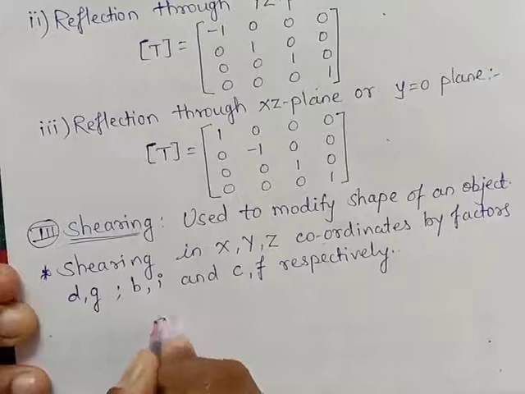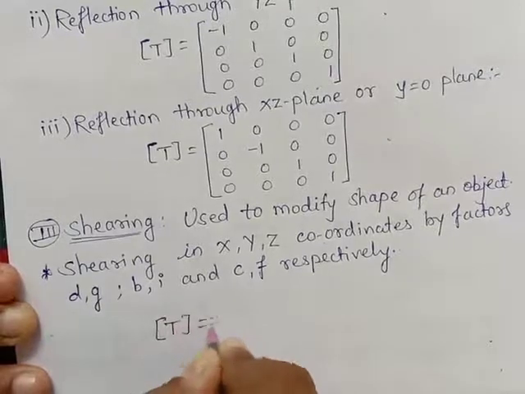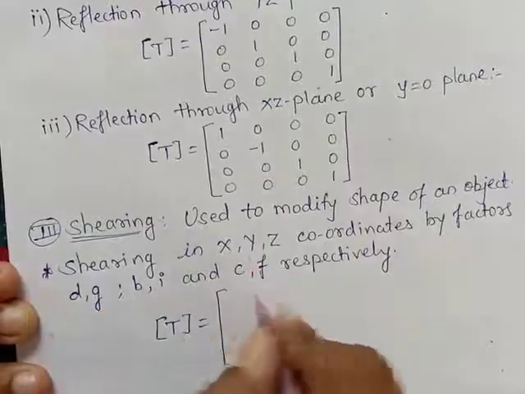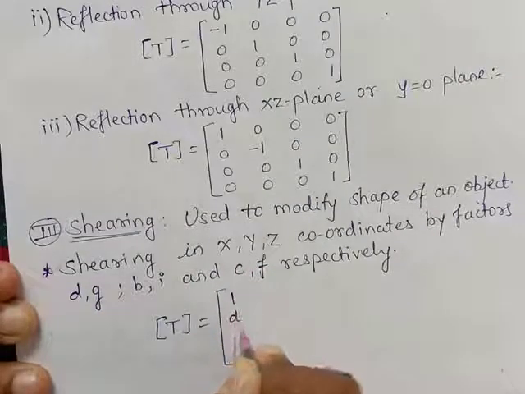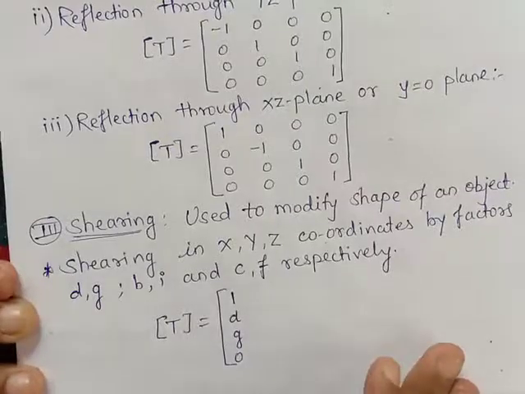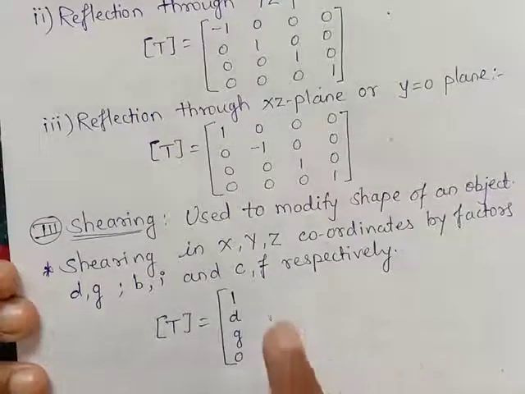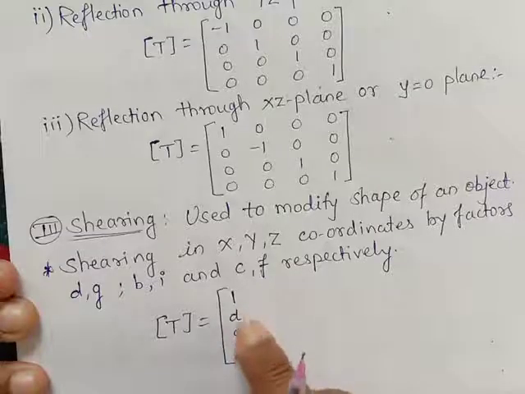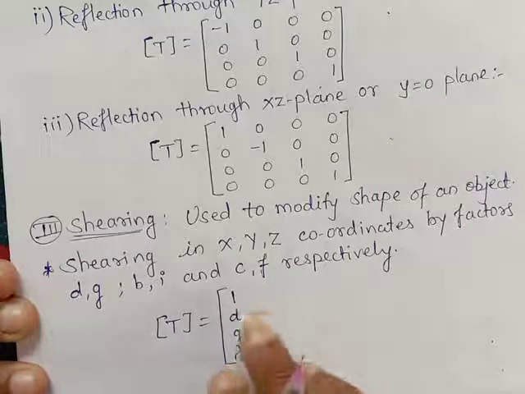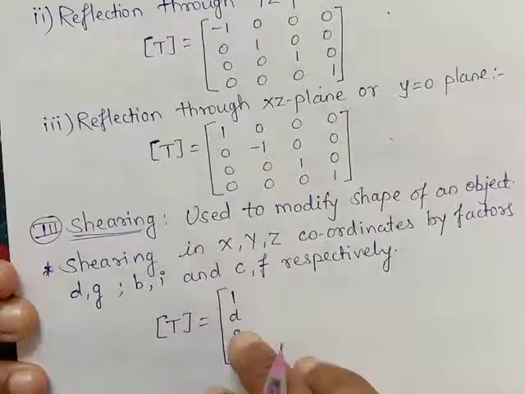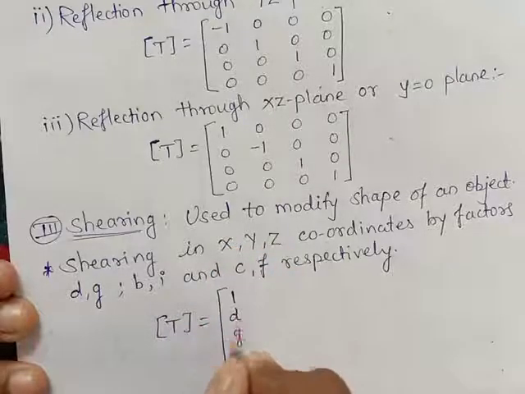So the matrix of transformation is given as, for the x coordinate d, g, so 1 d g 0. Just for your understanding, I am writing column wise that the entries except the diagonal of that coordinate, we can say that one represents shearing.